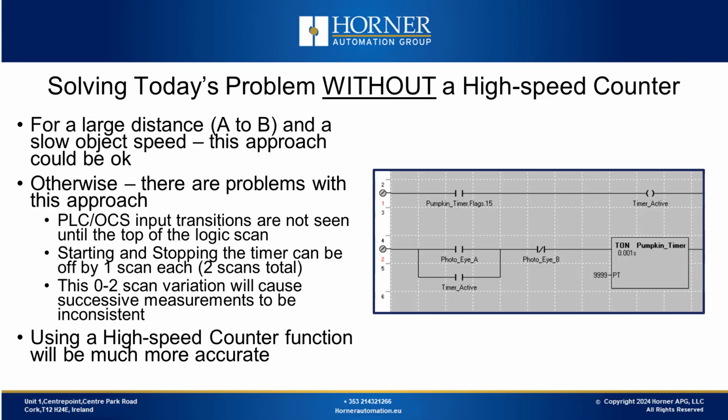This approach works best in scenarios where there is a large distance between photo points A and B and the object is moving slowly. As there wasn't a large distance between A and B in our demonstration and our object was moving quickly, we need a more accurate method to measure the elapsed time, so we will use a high-speed counter.